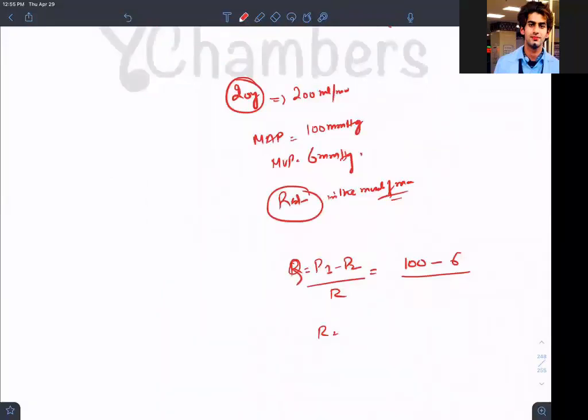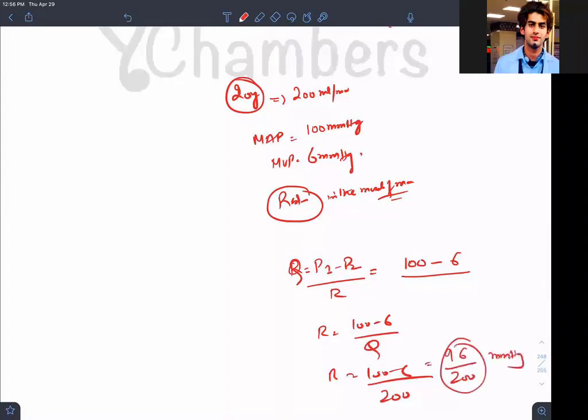Now I will take R is equal to 100 minus 6 divided by Q. Now I will be using 200 ml per minute. This will become something around 96 by 200, mmHg per ml per minute, because you are calculating resistance. You have to write all the units as per ml per minute. Is it clear?